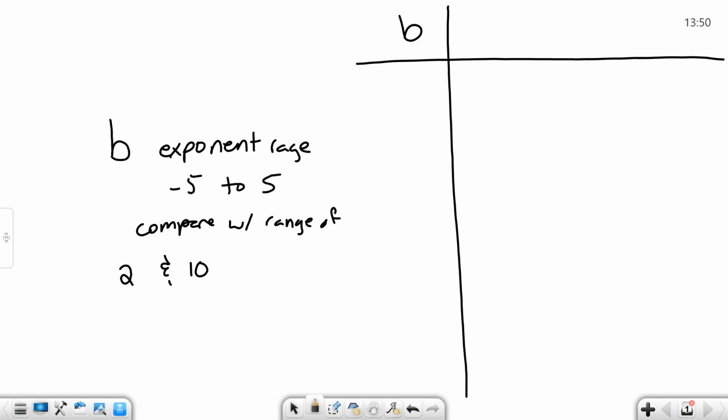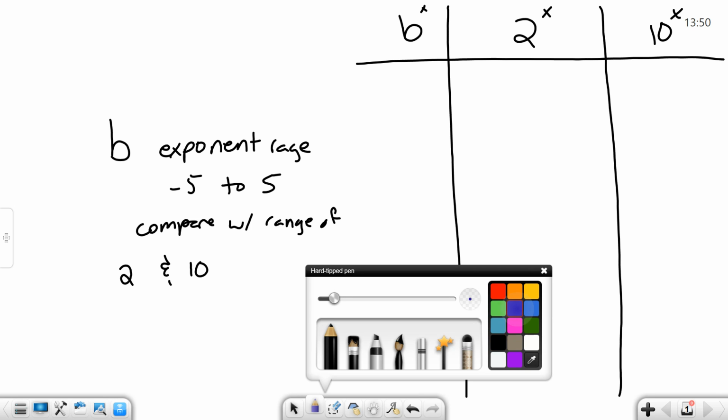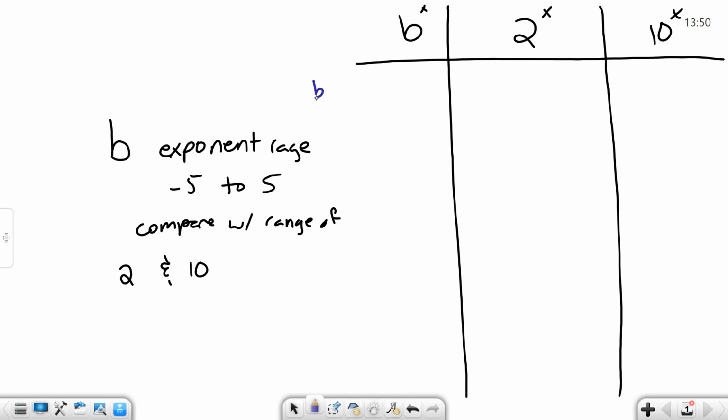Here's base of B, base 2, and base 10, and I'm going to put X up here to show that those are in fact our bases. If I look at B to the 5th power, that's B times B times B times B times B.